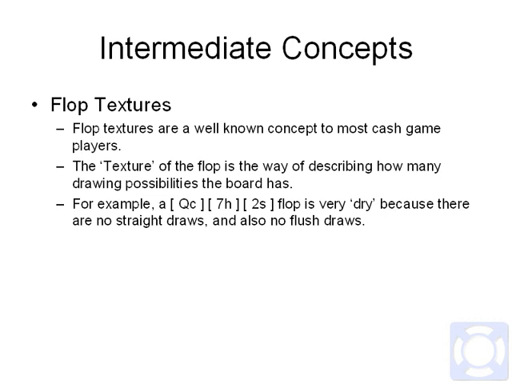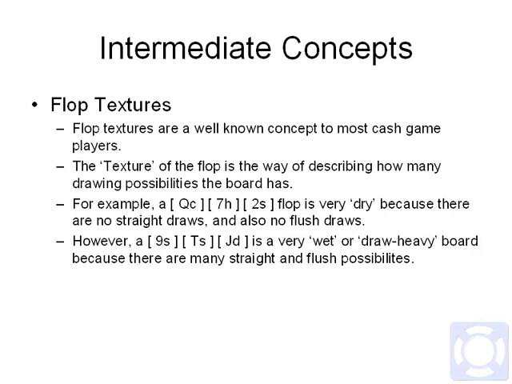This flop would be considered very dry because there are no straight draws and also no flush draws. However, a 9 of Spades, 10 of Spades, Jack of Diamonds would be very wet or draw heavy because there are many straight and flush draw possibilities, and there's just so many hands that hit this board that would continue.